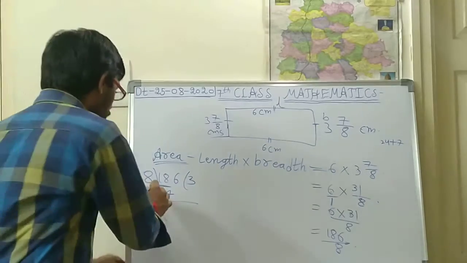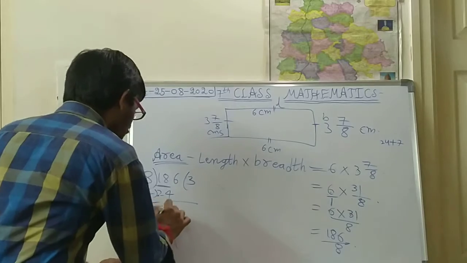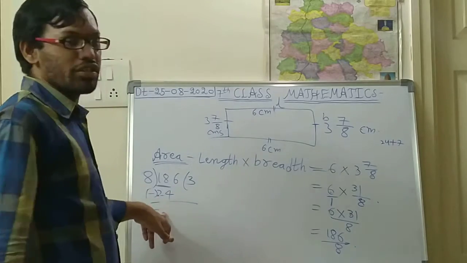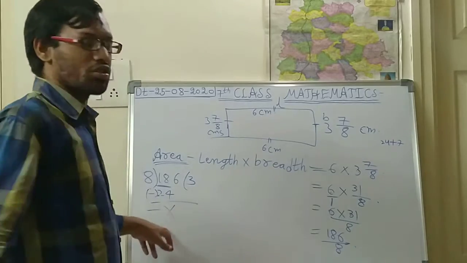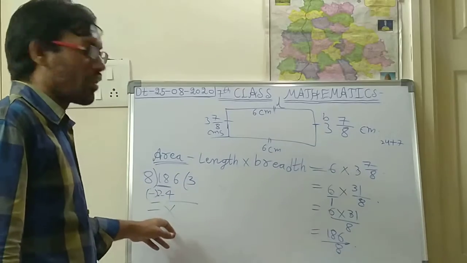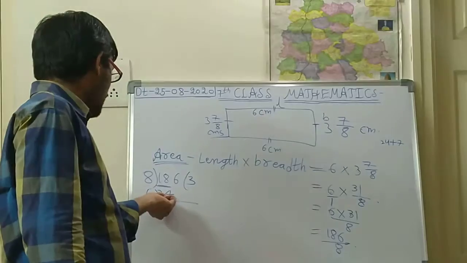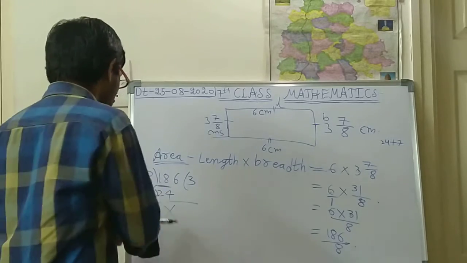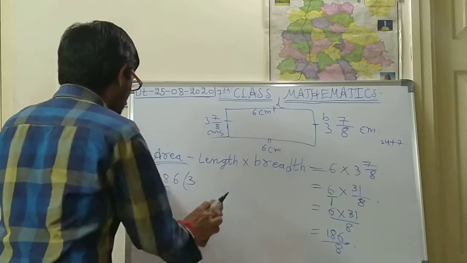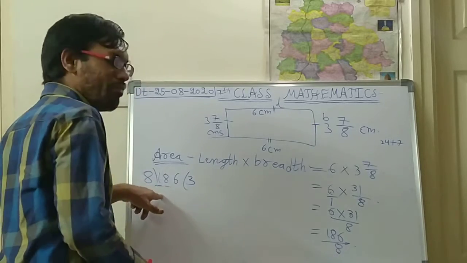Can you do 18 minus 24? You will get a negative answer, and a negative answer you should not get. So to get a positive answer, you should write a number lesser than 18. In subtraction, the above number must be greater than the below number.